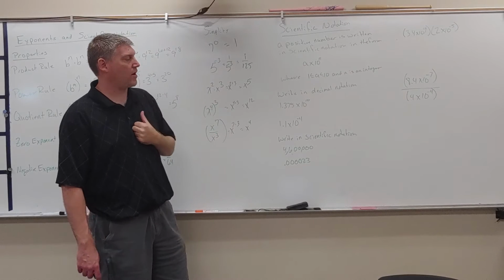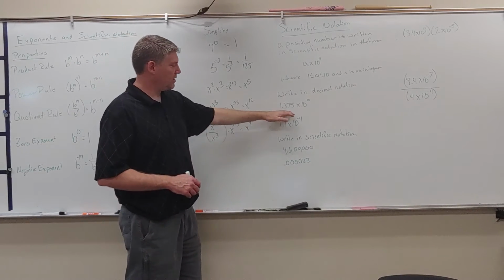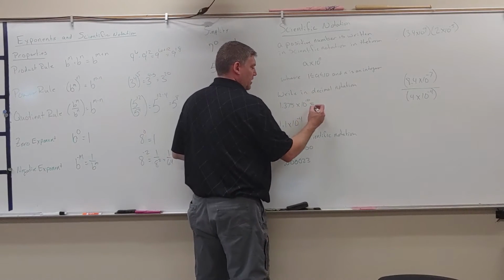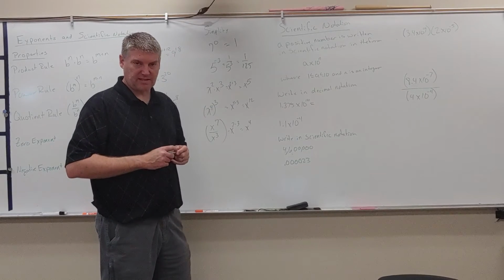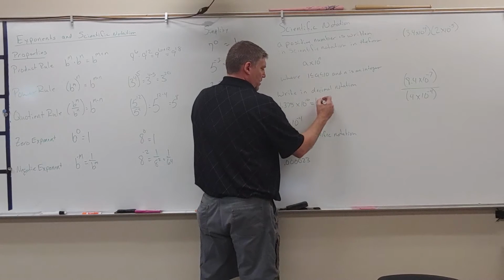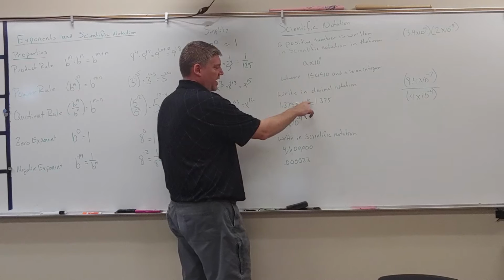So we're going to talk about expanding this, okay? So when we're looking at this, we're going to expand this out. So I have 1.375 times 10 to the 10th. So when I expand that, that's going to be 1.375. So now I've used up 3 of these decimal places.